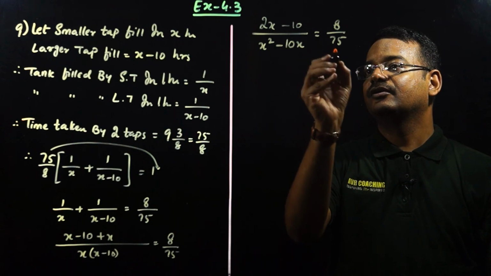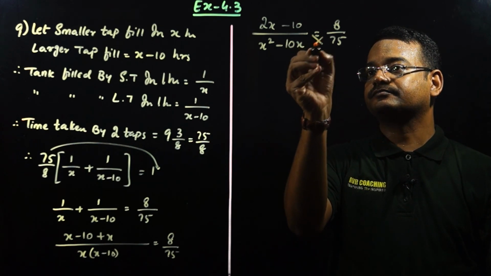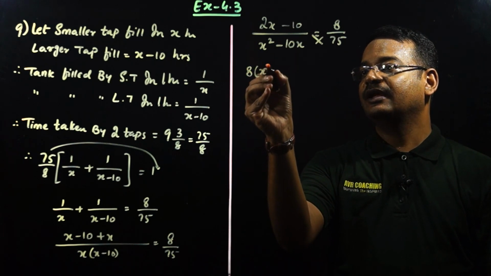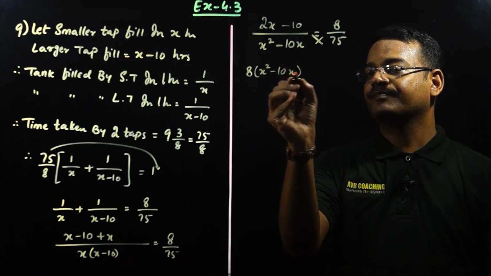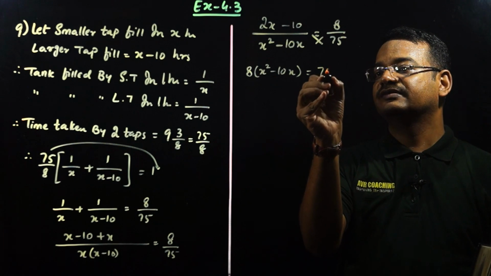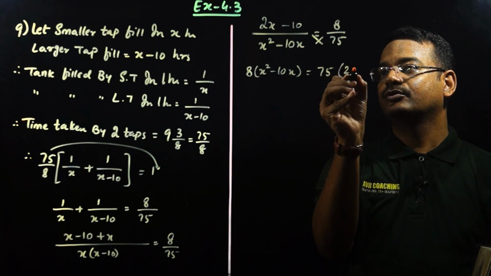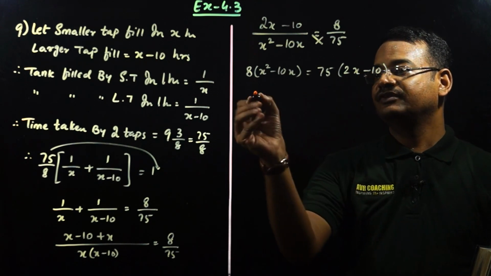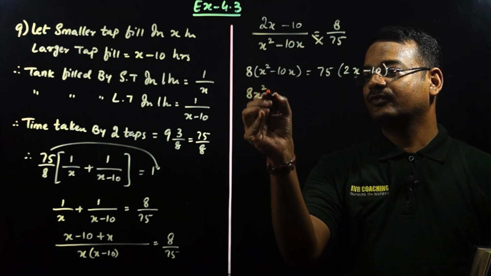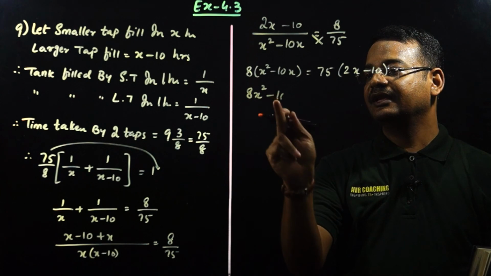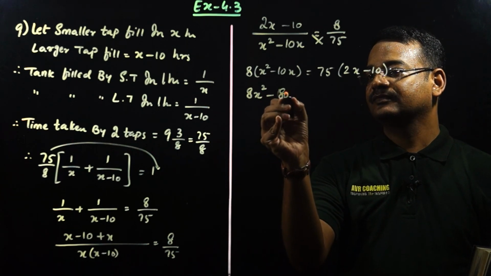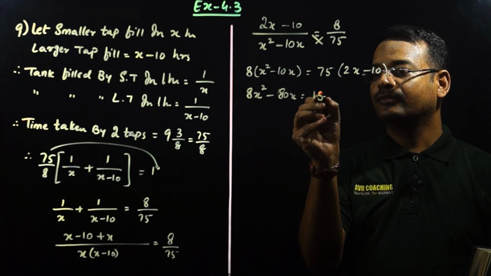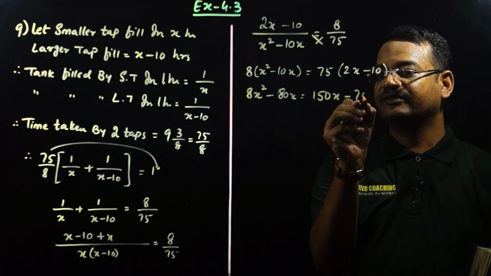When we cross multiply, this will be 8 into x square minus 10x is equal to 75 into 2x minus 10, which will be 8x square minus 80x equal to 75 into 2 is 150x minus 750.